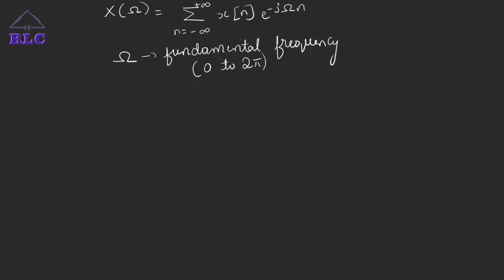Now let's consider a signal in frequency domain. Let's have a signal in frequency domain, that is X of omega is the signal, and x-axis is omega, the fundamental frequency variable. Let the signal be of this shape.